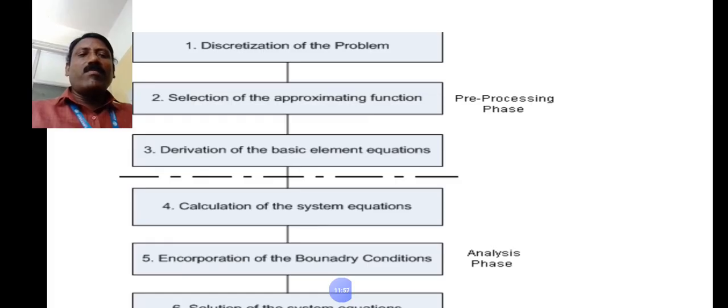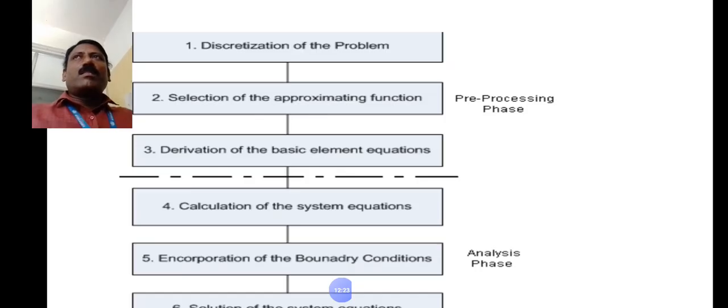The third step is the derivation of basic element equations. After making the functions, you need to convert them into equations. This is called the element equations. Next, to solve the given equation, step number 4 is the calculation of system equations. The equations are converted into useful parameters.